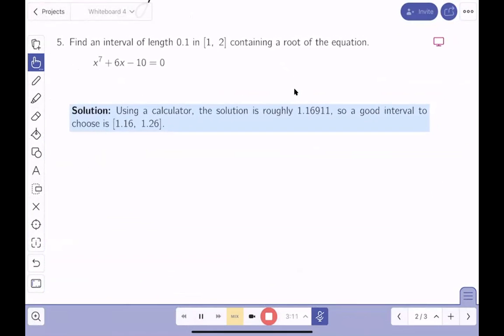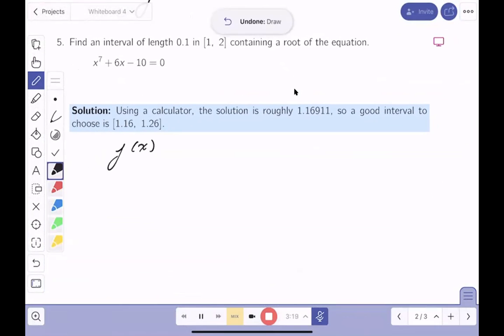So I think you know what I want to do. I want to write a function down, and I'll put this over here, f of x. Whoops, got black again. f of x equals x^7 plus 6x minus 10. And then I've got to look at this thing, and this is continuous everywhere, right? Continuous from minus infinity to infinity.